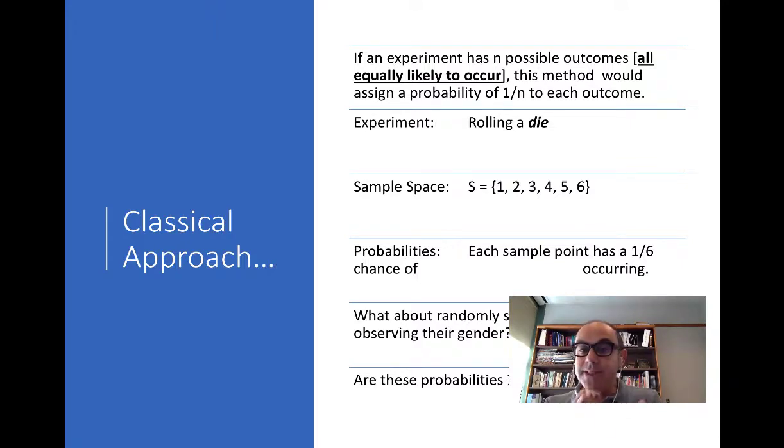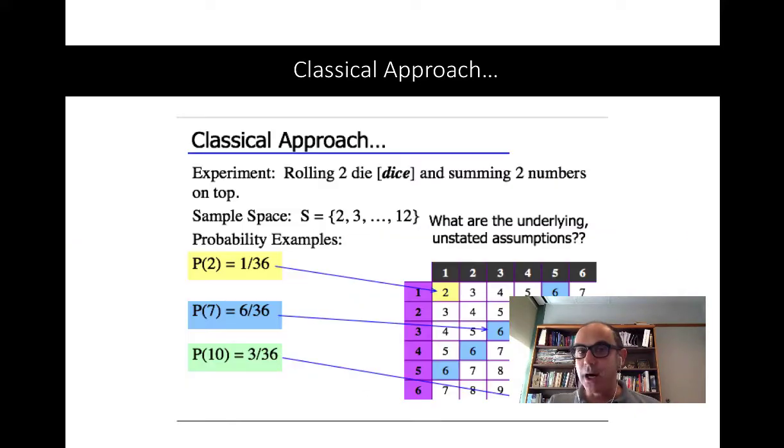So we have some idea of what is measured here in order for us to assess the probability. What about randomly selecting students and observing gender? Example, students can be female or male, and we can decide how we sort that out. So all those things are considered to be the classical approach.